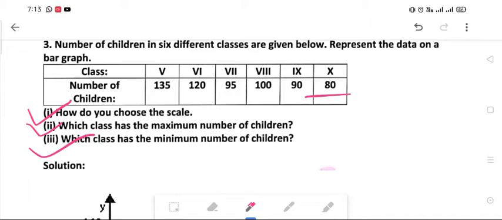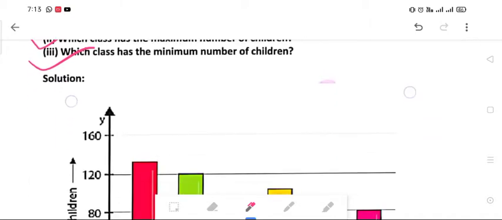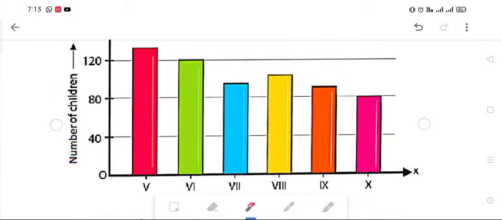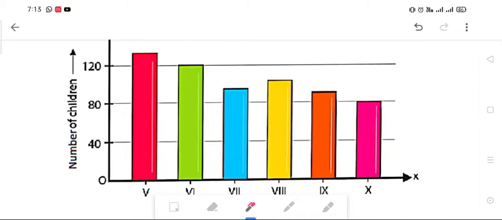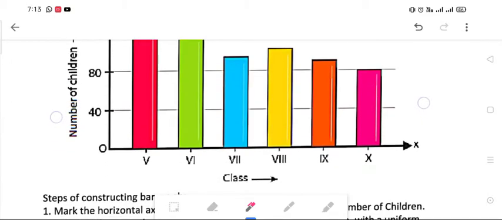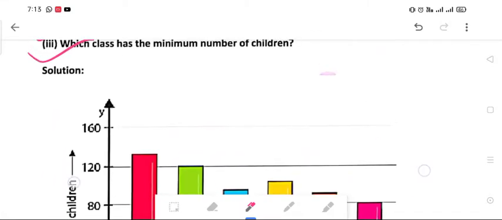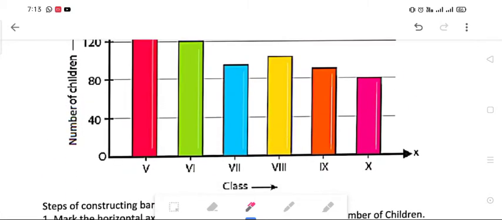So let's observe the graph as given. Here the graph is made by computer, in which we can see that the class is given on the horizontal axis, that is the x-axis, and the number of children is given on the y-axis. Here the x-axis is divided into six parts.